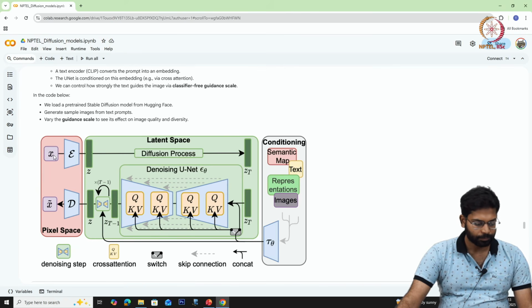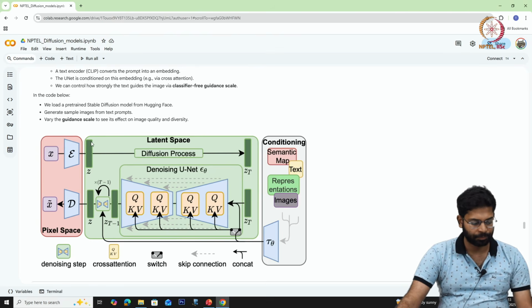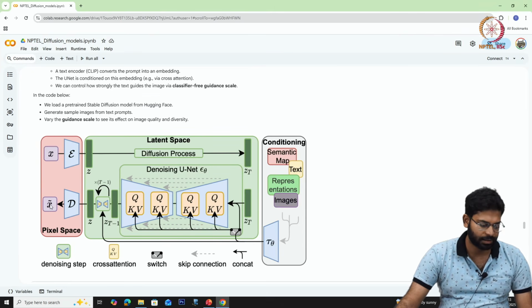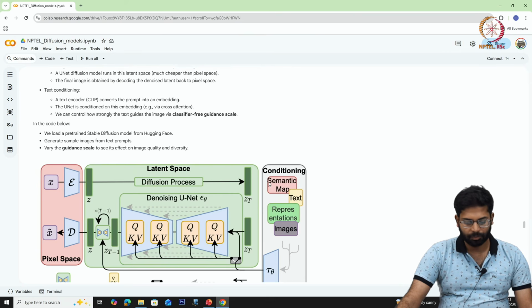You have an image X which goes through an image encoder epsilon and gives a variable Z, and then in the diffusion process Z becomes ZT, that is the Gaussian noise, and starting from ZT you have a U-Net network which tries to predict the reverse process, and you get the Z back. You can use a decoder which generates the image back again, called X tilde.